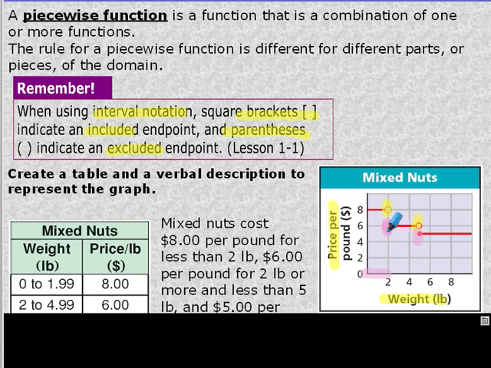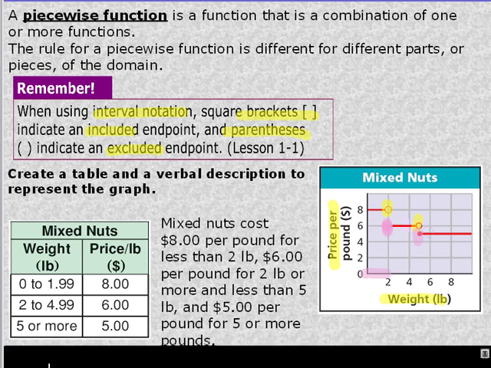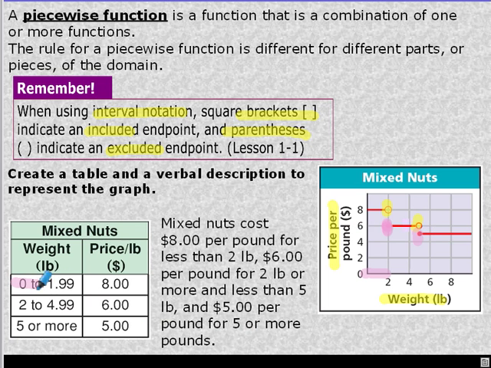But between 2 and this point, which is 5, so less than 5 pounds, it's going to be a cost of $6. And from 5 pounds on, the cost is going to be $5. So here would be the table that you would create: 0 to 1.99 pounds, $8; 2 to 4.99 pounds at $6; and 5 or more is $5. You could put 4.99999 if you wanted to, but this is good enough.